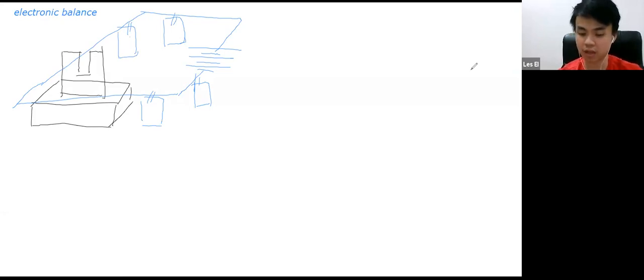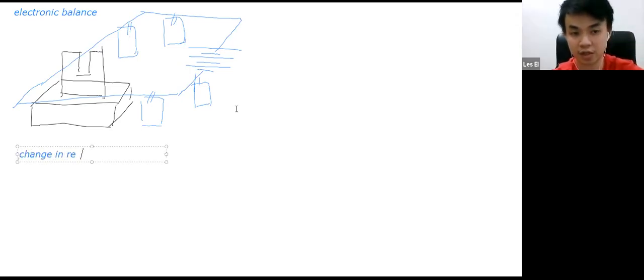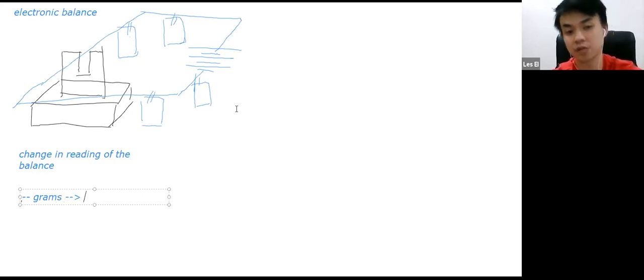The force can be going upward, or the force can be going downward, right? We need to know the north and south poles also, but that is not a problem, because however you will have the change in the reading of the balance, like how many grams, you will be able to change it to how many Newton.